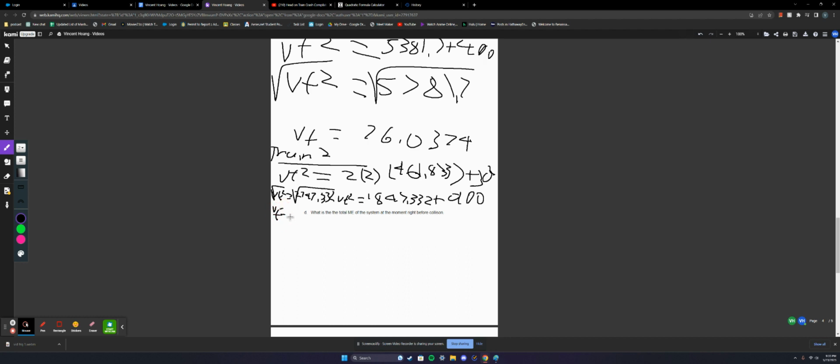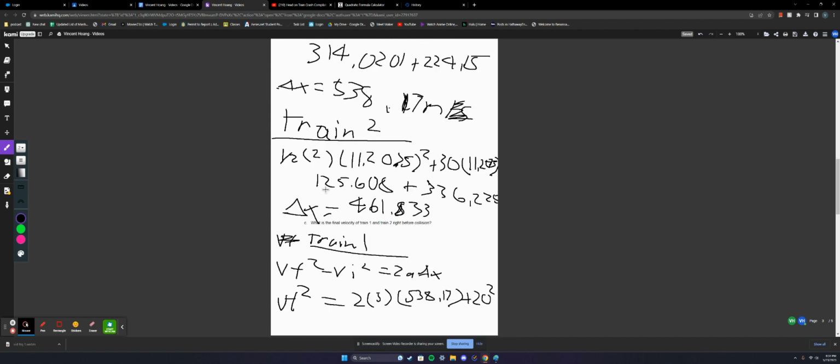And VF is equal to 52.414, right? For final velocity of train 2.